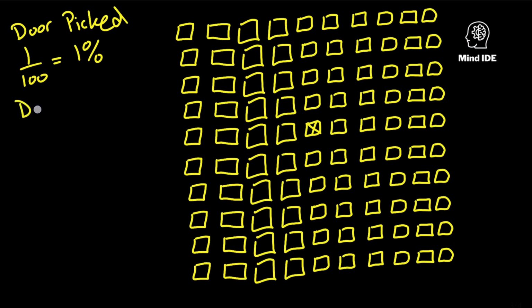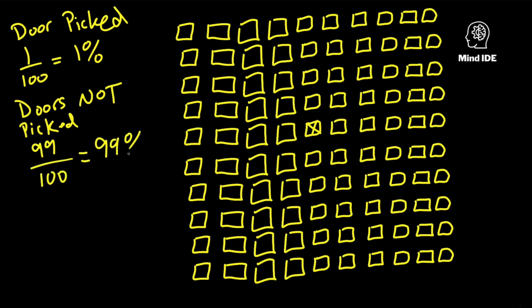Now doors not picked is 99 out of 100, or a 99% chance. So that means that the one door that you picked is a 1% chance, and every other door that you haven't picked is a 99% chance.